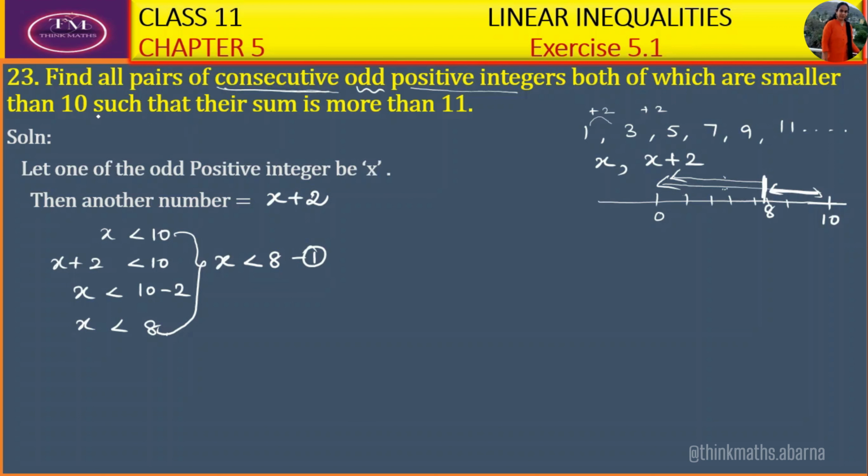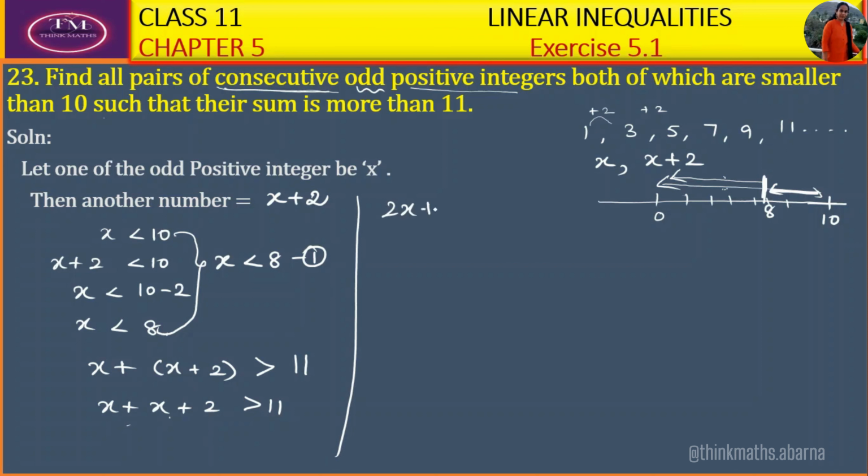Next, what they have given: their sum, meaning adding x and x plus 2, is greater than 11, more than 11. So x plus x is 2x, plus 2, greater than 11.